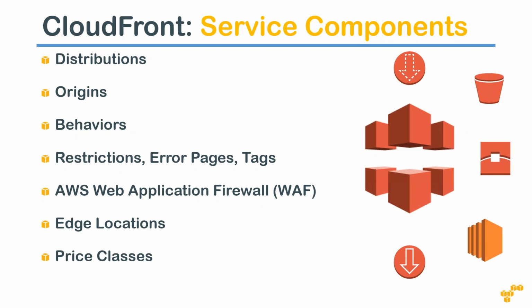We will see one of those examples when we are doing the demo, and that is what is called a distribution. When I'm talking about origins, what I'm talking about here is the source of my content, whether it is an S3 bucket or an EC2 location or some other location my data is going to come from.